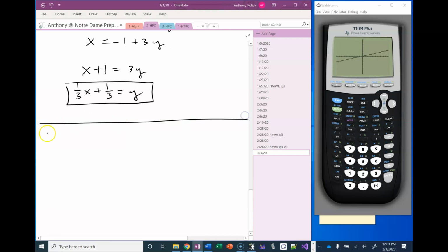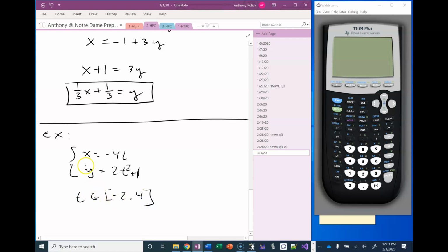So let's look at another example. All right.